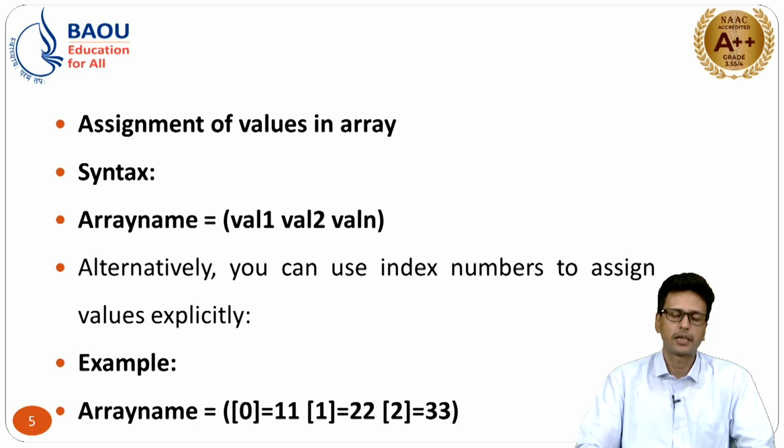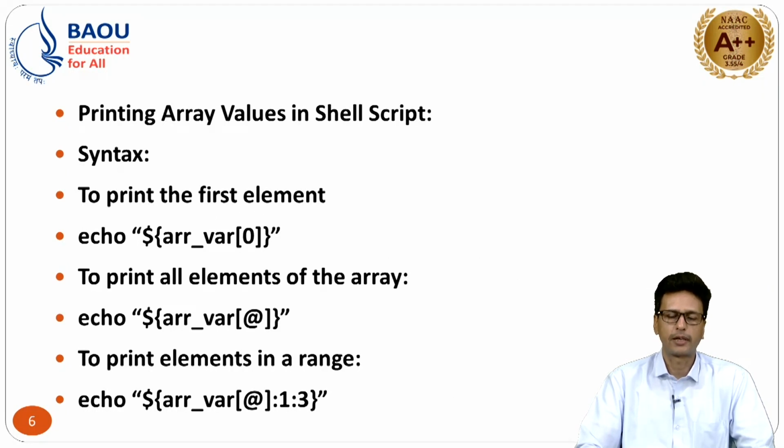Say for example, index value starts with 0, which is available in square brackets. So 0, then equal to whatever the value, then space, then index value 1, then the value, then index value 2, and so on up to n, right? This way you can assign values in a particular array.